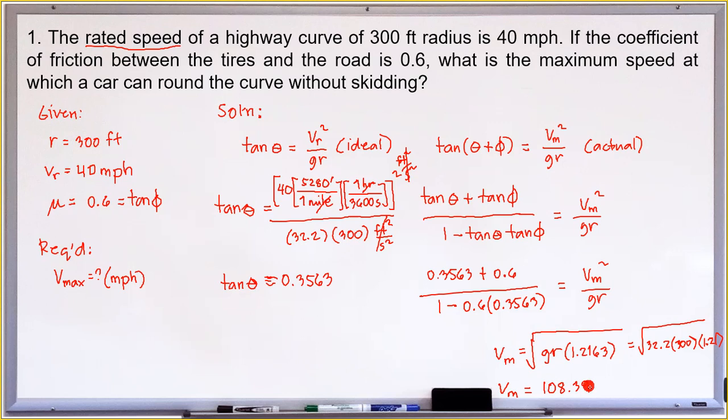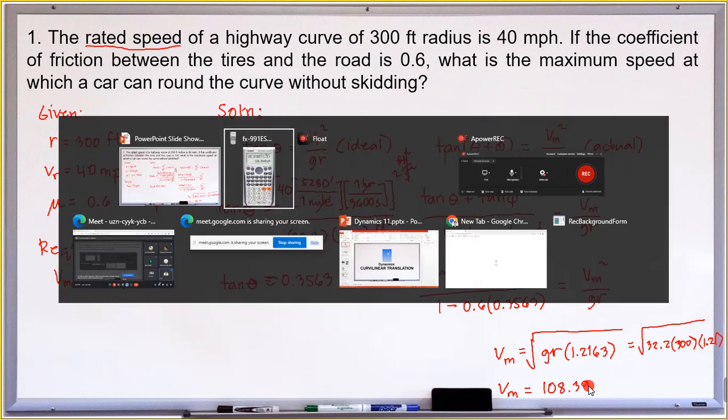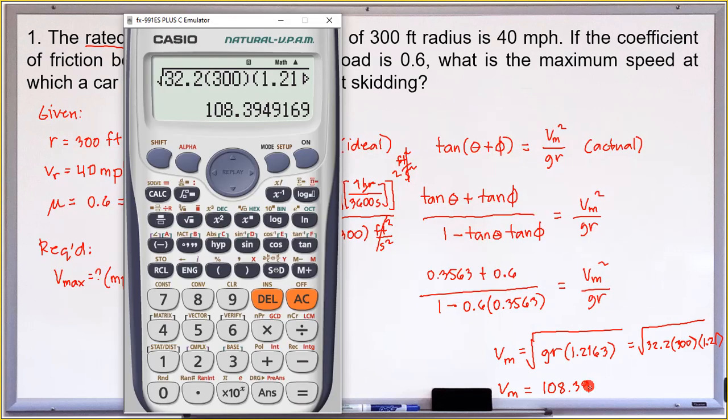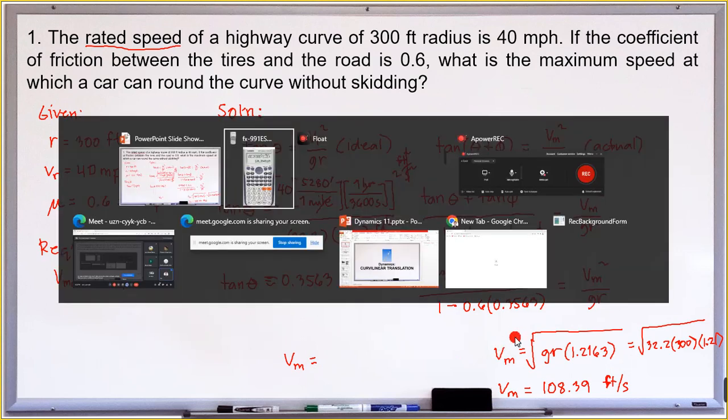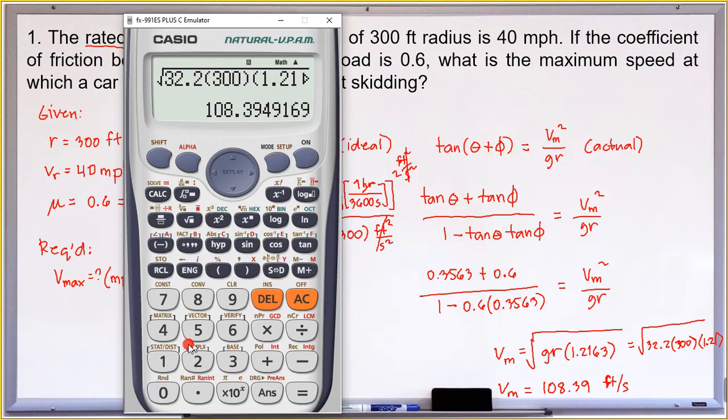Okay, so that is 108.39 feet per second. Now we're going to convert this one because ato target is in miles per hour.